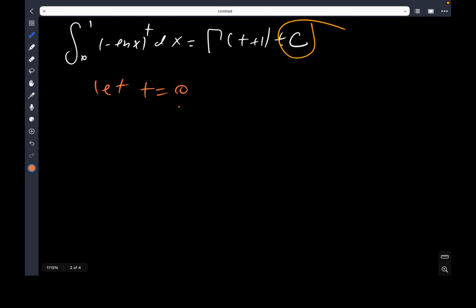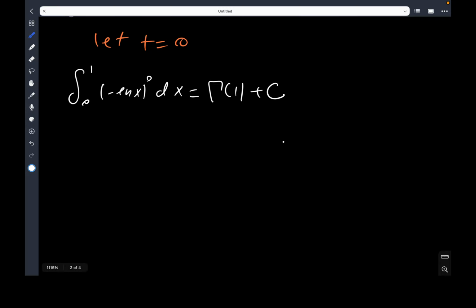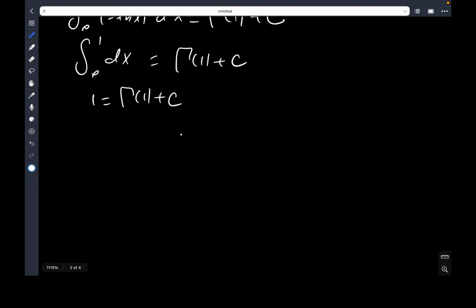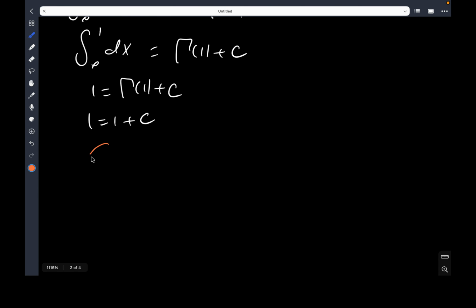If t equals 0, it's going to be (negative ln x) to the 0 dx equals gamma of 0 plus 1, which is 1, plus c. Any number to the power of 0 is 1, thus the integral of dx equals gamma of 1 plus c. And this integral is going to have the value 1, which is gamma of 1 plus c. Gamma of 1 is 1, and 1 equals 1 plus c, thus c should be equal to 0.